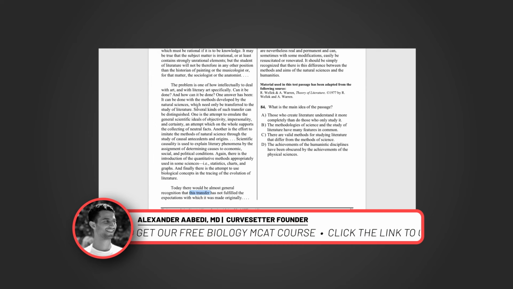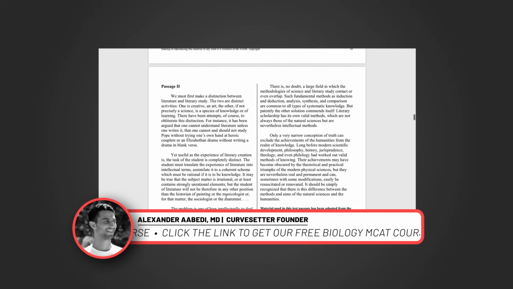This transfer was applying the scientific method to the study of literature. And he's saying that today, everybody kind of agrees that this really hasn't worked out the way that people expected, right? Almost general recognition that the transfer has not fulfilled expectations with which it was made originally.